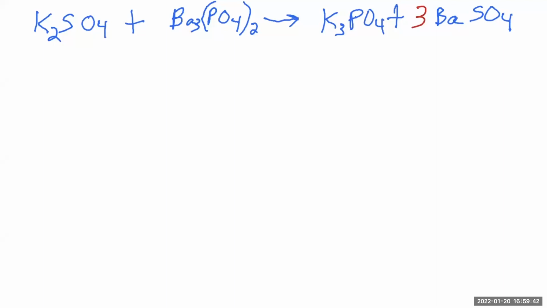Can we put a 3 on potassium on the left, the first one, and then put a 2 in the other one, 3 here and a 2 here? Yes.